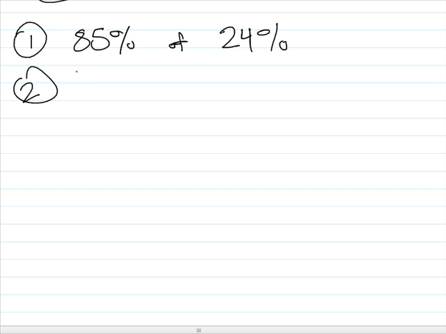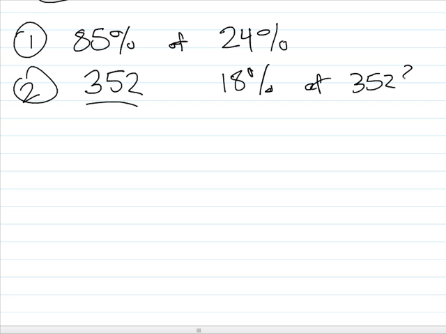I'm going to step it up a little bit. Let's say that you had 352 and you wanted to know what is 18% of 352. And then let's step it up even farther.